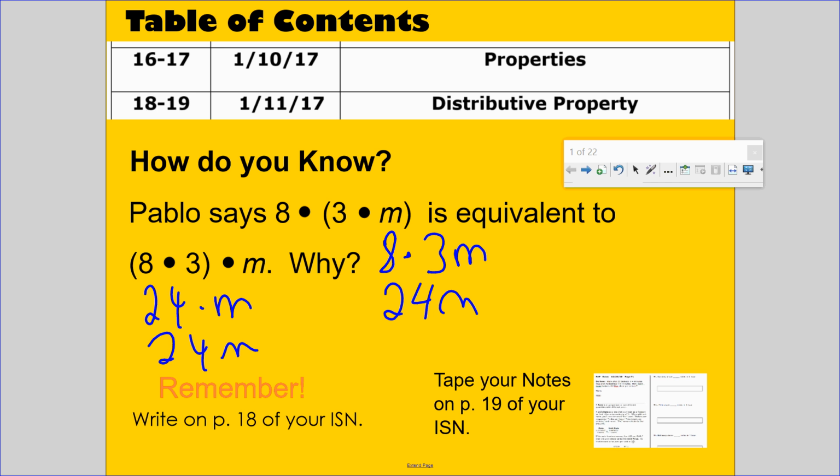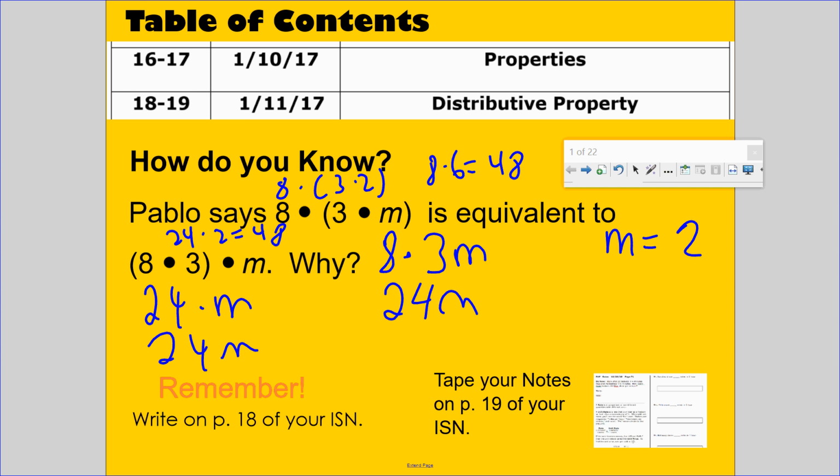Yes, it is. Another way we can test it out is let's replace m with 2. So we're going to substitute the variable m with 2. 8 times 3 times 2. What is 8 times 6? 48. 8 times 3 is 24, and 24 times 2 is also 48.